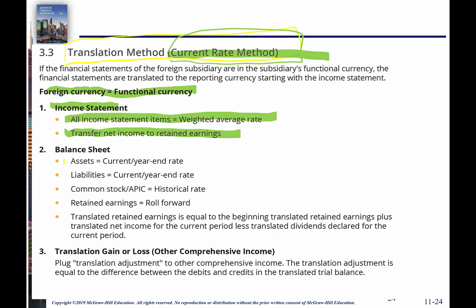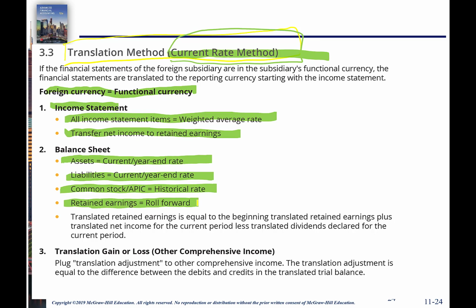For our assets, okay, current year. For our liabilities, current year. For common stock and APIC, again, notice here we're not calling them out as monetary and non-monetary. We just use what? Historical rate. We will then roll down our net income to our retained earnings. So retained earnings is beginning balance plus the net income minus any dividends gives you the ending balance.